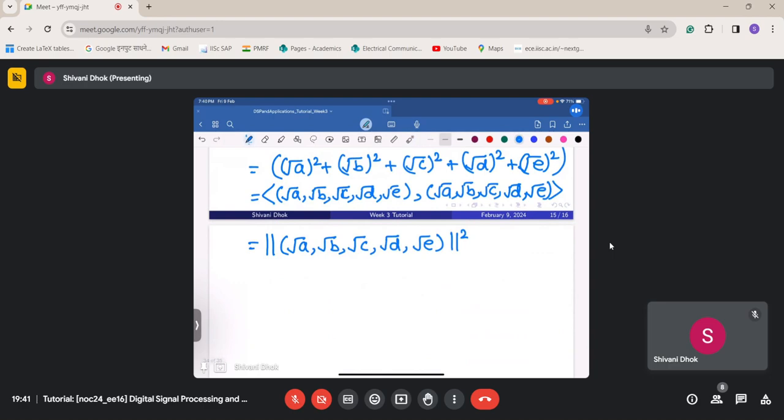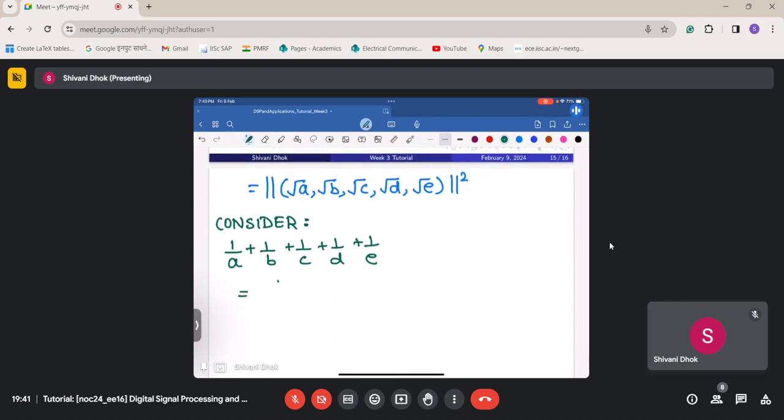So now let us consider 1 by A plus 1 by B plus 1 by C plus 1 by D plus 1 by E. Similar to the previous case, I can write this as 1 by root A square plus 1 by root B square plus 1 by root C square plus 1 by root D square plus 1 by root E square.